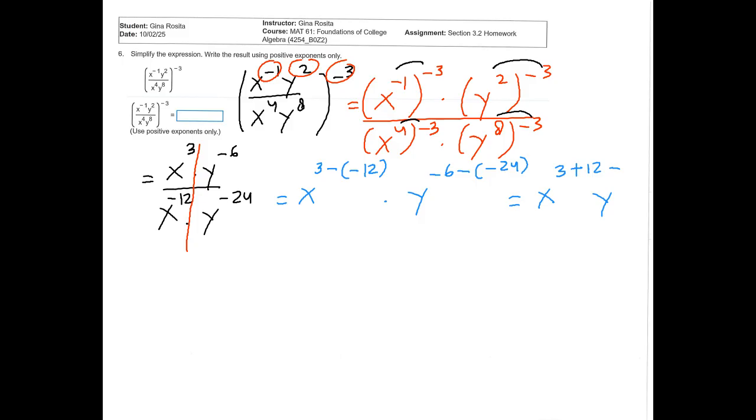So now the answer becomes x to the 15 times y to the negative 6 plus 24, which is 18. Okay, so now we finish number 6.